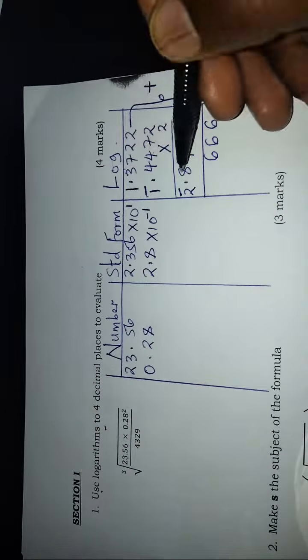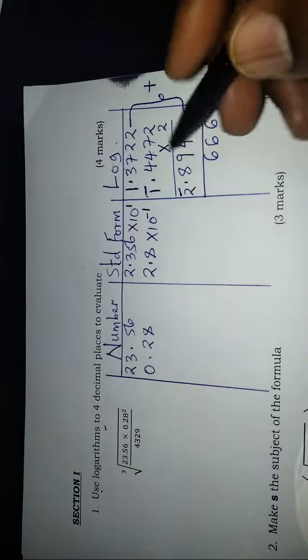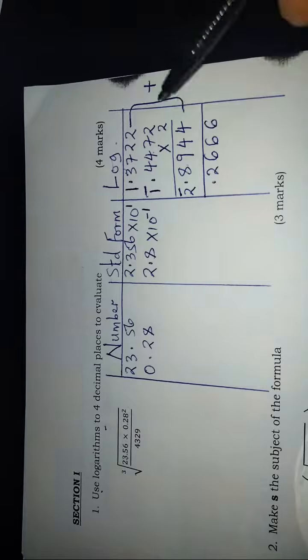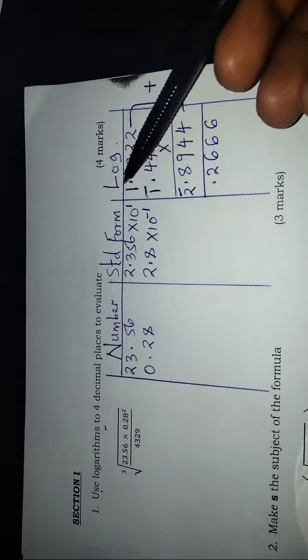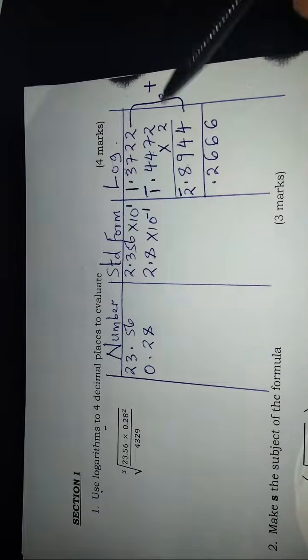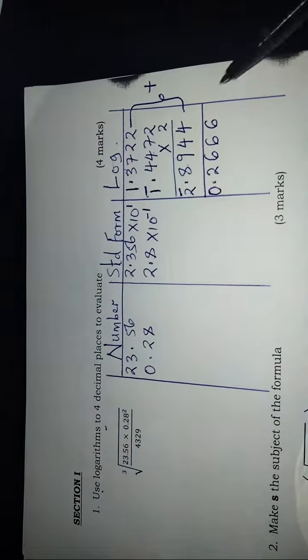This will be 4 plus 8, it gives us a 12. So 2, we carry 1. So you find now this is 1, plus the 1 we've carried, it becomes 2 plus bar 2. So 2 plus bar 2 cancels to 0, because bar 2 is the same as negative 2. So this is the logarithm from the numerator.